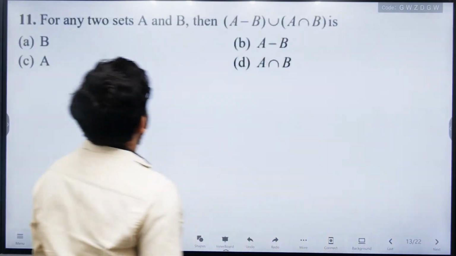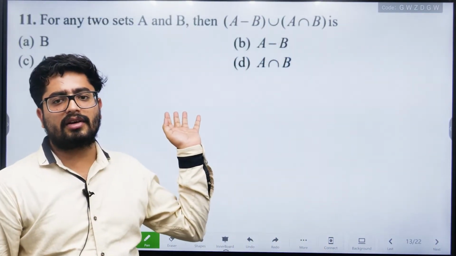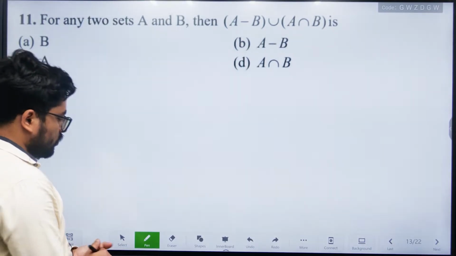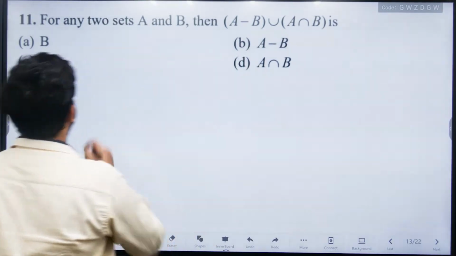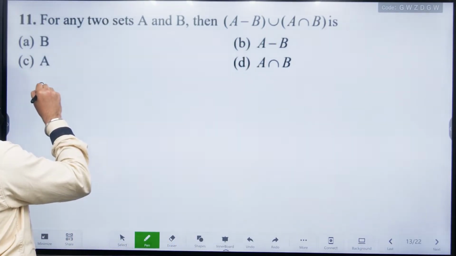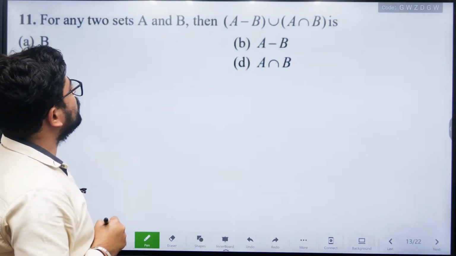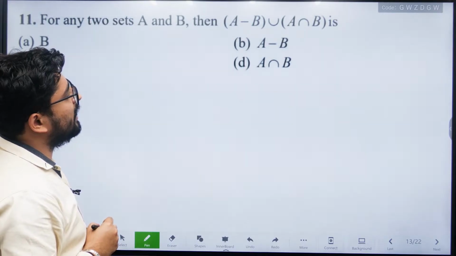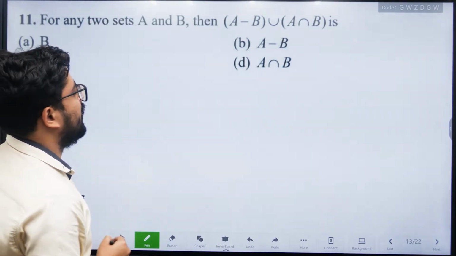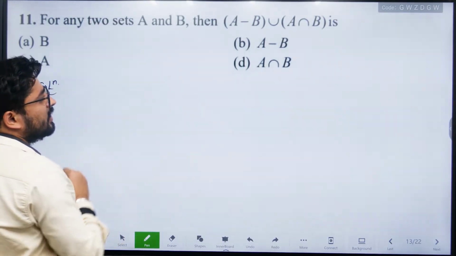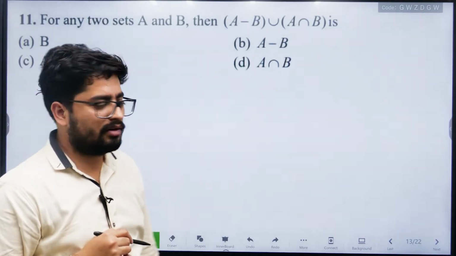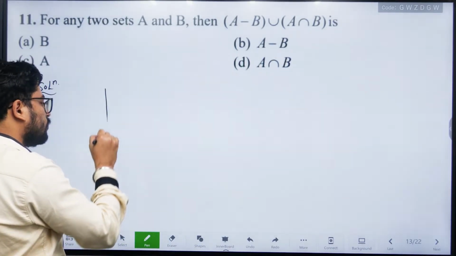Next question, this is your single correct MCQs. Here you have your first question, and the solution is: for any two sets A and B, what is A minus B union A intersection B? Let's take the Venn diagram here.